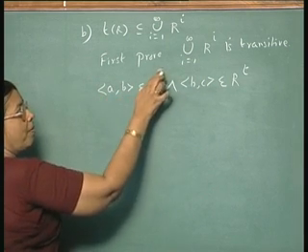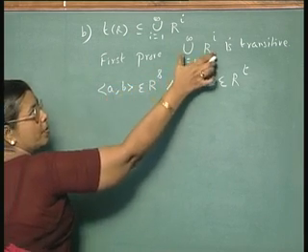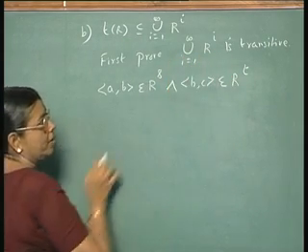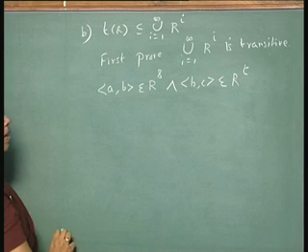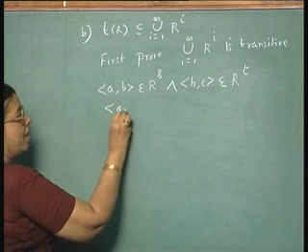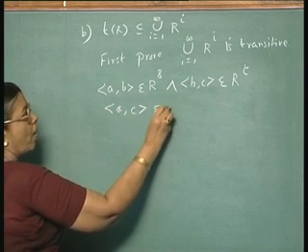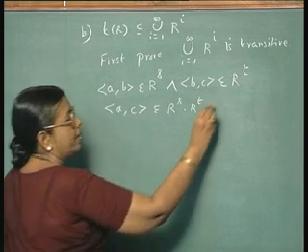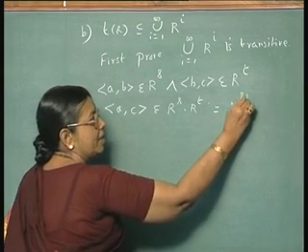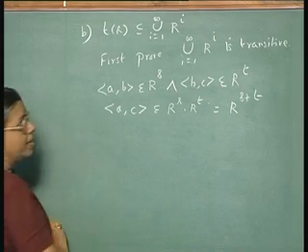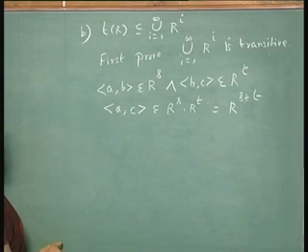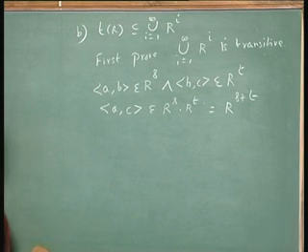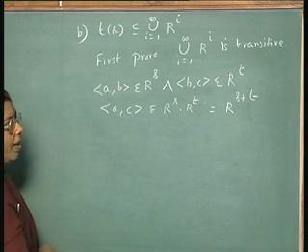(a, b) belongs to R^s means (a, b) belongs to this union. (b, c) belongs to R^t, it also belongs to this. Now, what can you say about (a, c)? In that case, (a, c) will belong to R^s composed with R^t, that is equal to R^(s+t). So (a, c) also belongs to the union over i equal to 1 to infinity of R^i.